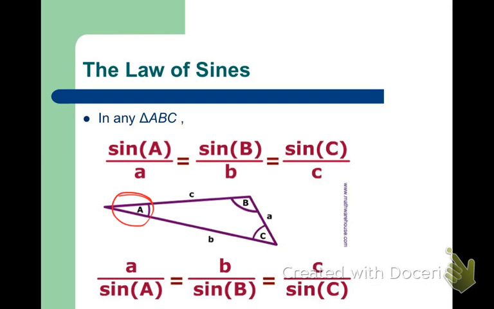If we take the sine of that angle and divide it by the side across from it, that's equal to the same ratio of this angle and this side, this angle and this side. And of course, we could flip them over. We could do side over sine of angle, side over sine of angle. Doesn't matter. But the relationships exist between all three pairs of sides and angles.